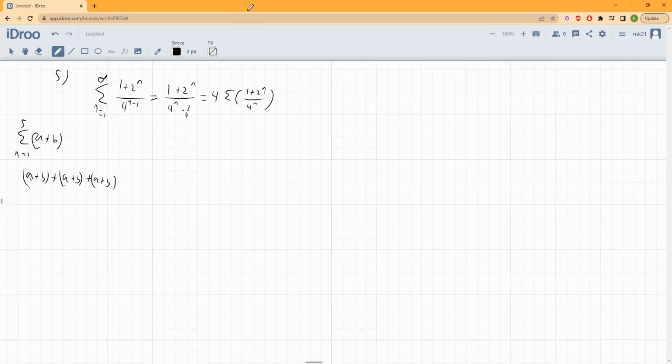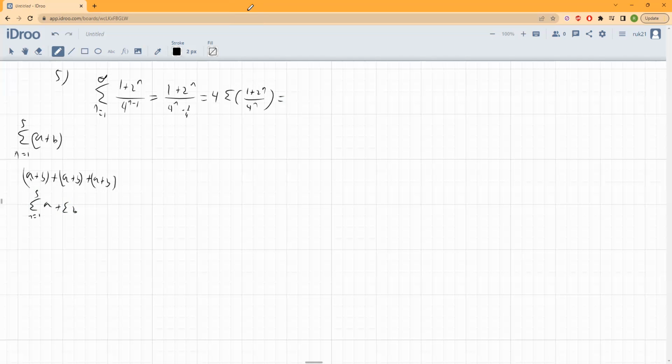If you open the brackets, you can group up the a's. So it's the same thing as the sum of 5 a's plus the sum of 5 b's. So that's why we can separate them.